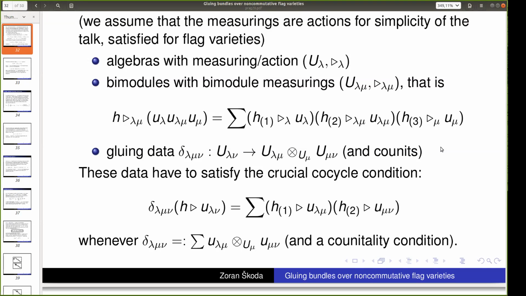Recently Tom Lenagan and some other people used it for saying something about a quite different perspective on Grassmannians, which is not only about quantum groups, but about things which are more related to quantum cohomology and things like that.